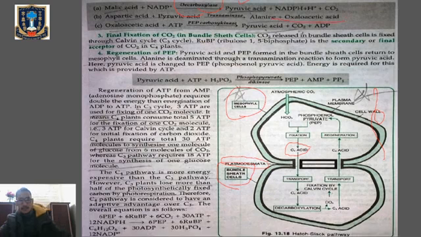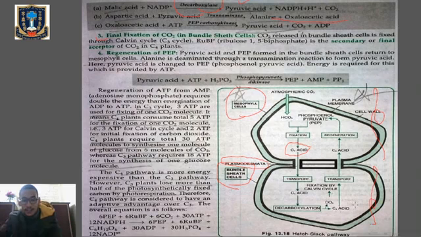Clear? Okay. Now, the third one is final fixation of carbon dioxide in the bundle sheath cell. Over here in the bundle sheath cells, the final fixation of carbon dioxide occurs, and it takes place by the help of the C3 cycle. Clear? So here you can see that the C3 cycle is occurring in the bundle sheath cells.